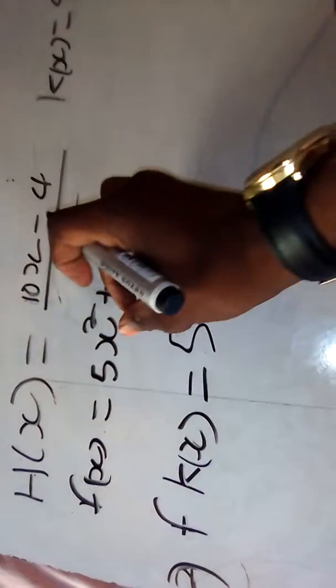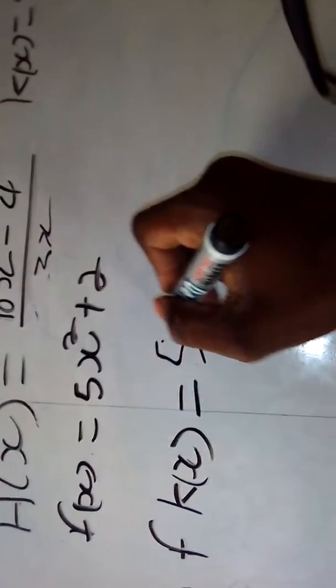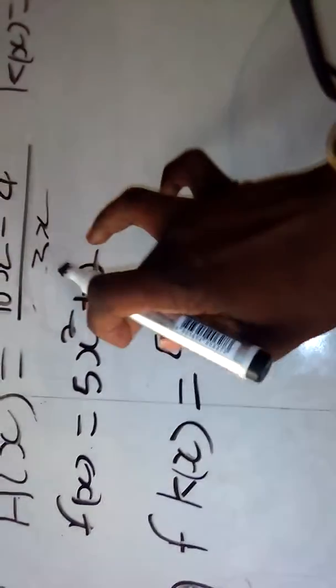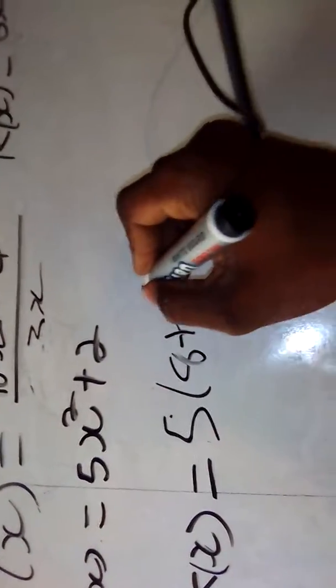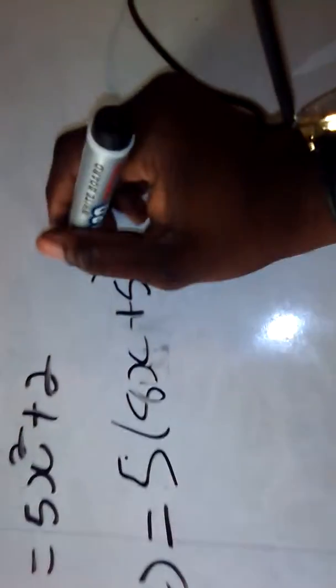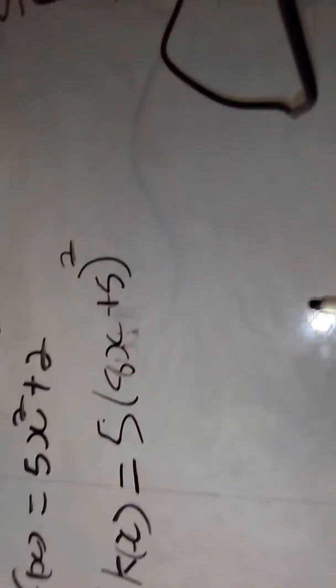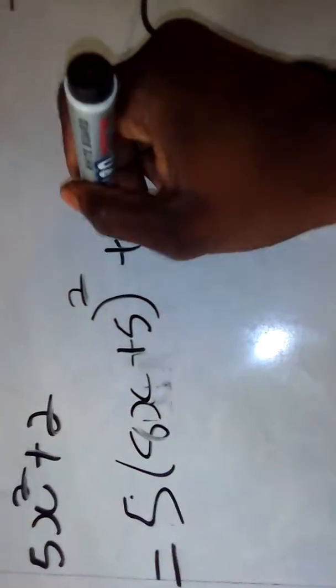Realize we have 5x squared, so only the x you are going to substitute, with 8x plus 5, and you put back the square here. Then we put back the plus 2 at the end.